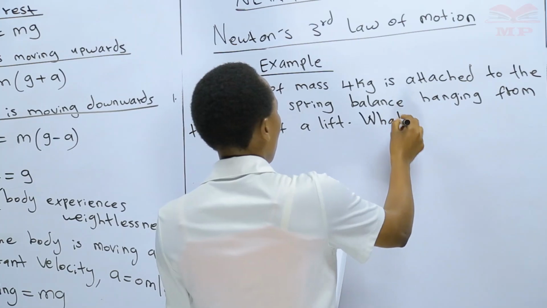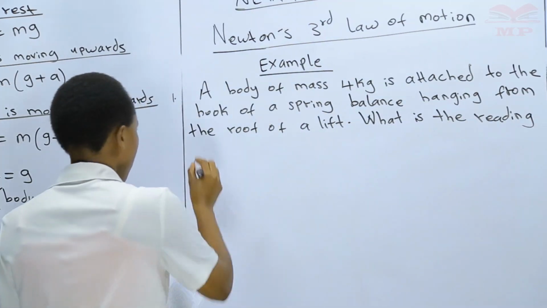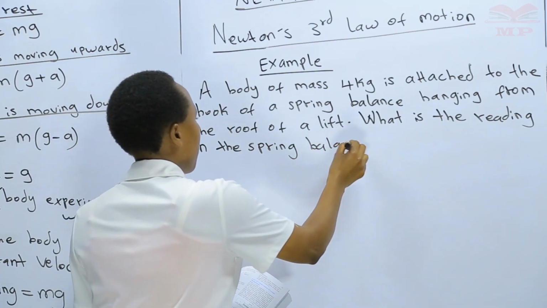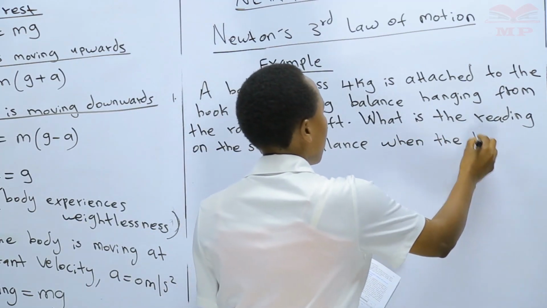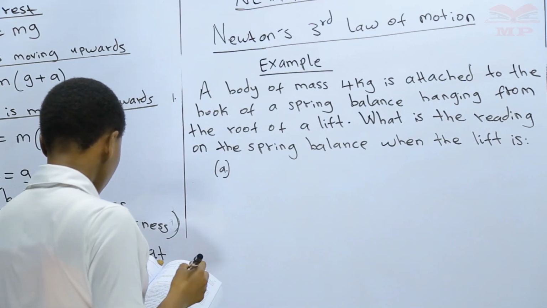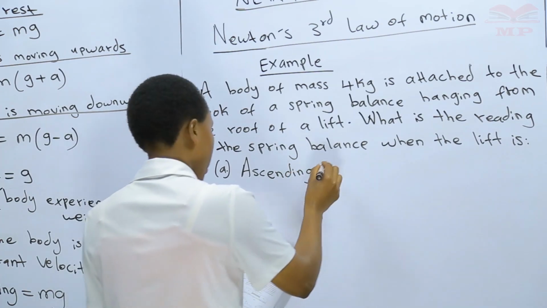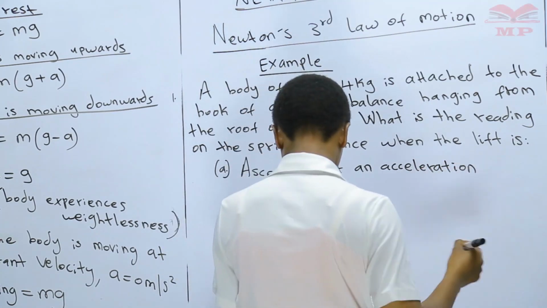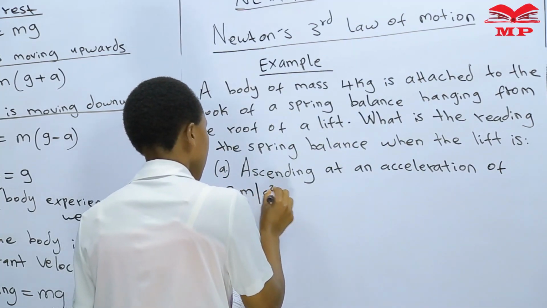the question is, what is the reading on the spring balance when the lift is, part A, ascending at an acceleration of 0.3 meters per square second.